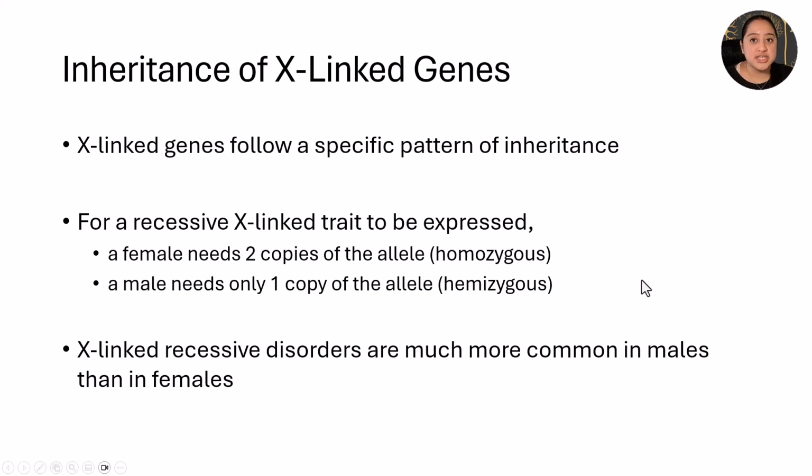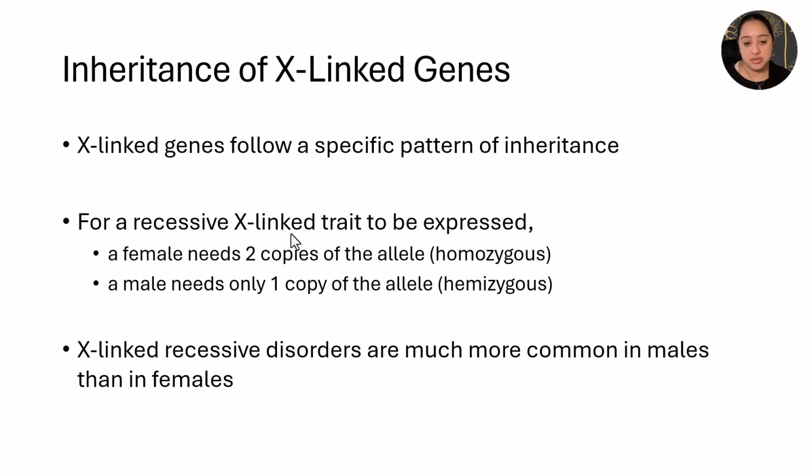So this means that anything that is X-linked and recessive is going to be much more common in males than in females. So for example, color blindness. It's a lot more common for color blindness to be expressed in males because they only have one X chromosome. So if that one X chromosome has a recessive X-linked trait, they're going to express it. So they're more likely to be colorblind.